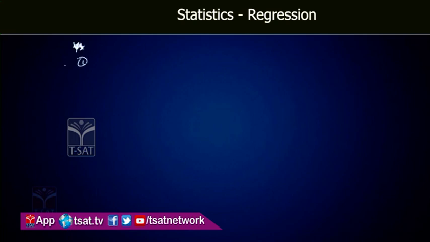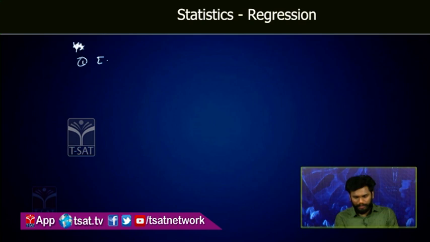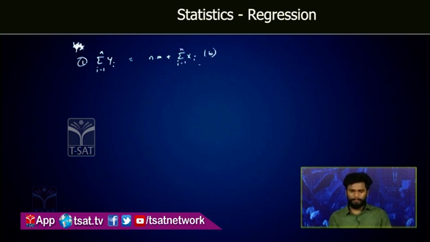The first normal equation is summation yi, i taking values from 1 to n, is equal to n into a plus summation xi, i equal to 1 to n, into b. This is the first normal equation.